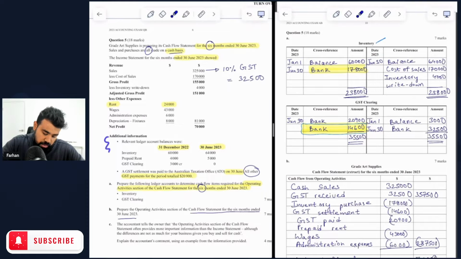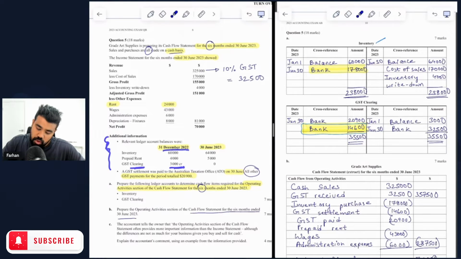Under the additional information here, you can see GST clearing at 31 December 2022 had a balance of 3,000 credit. So a balance of 3,000 credit simply refers to the current liability that the business had for GST, an obligation which it needs to pay off the ATO at 31 December 2022.